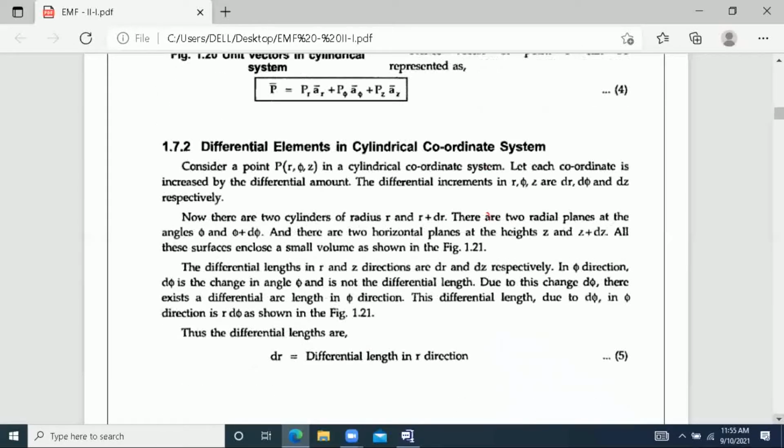The differential elements, just like we have the dx, the dy, the dz, similarly, differential length, dr in the r direction.